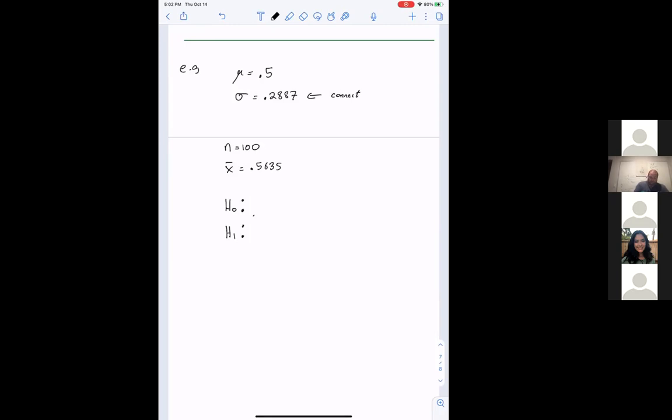So we're assuming the mean is 0.5. That's what the null hypothesis is, because that's what the belief is up until now. And what would the alternative be?